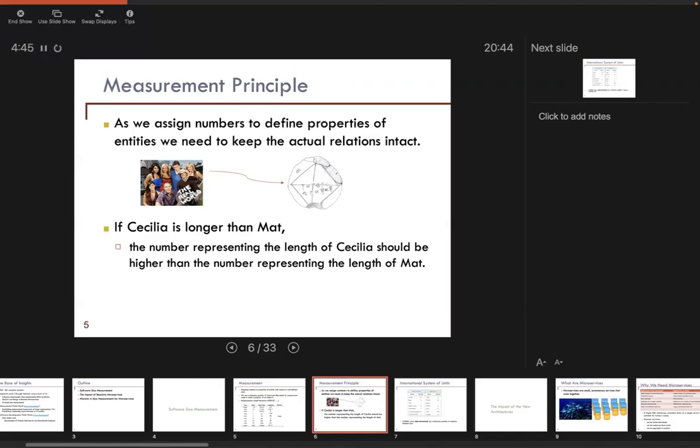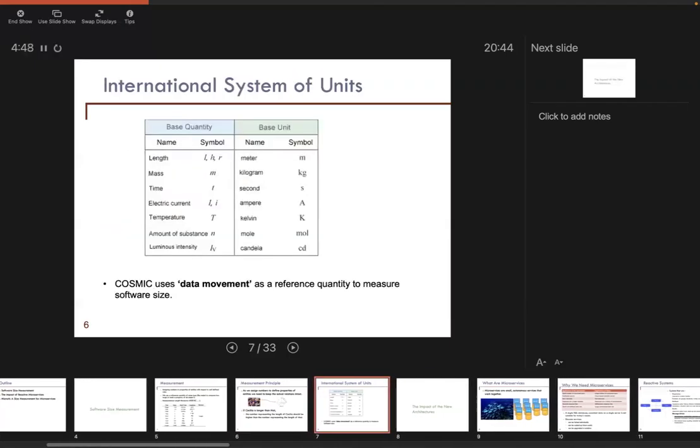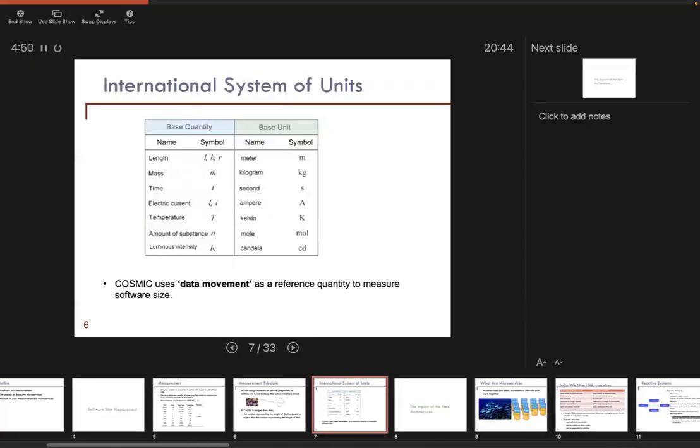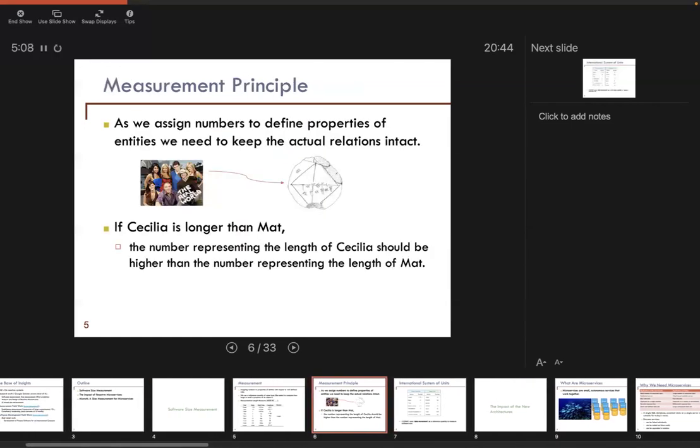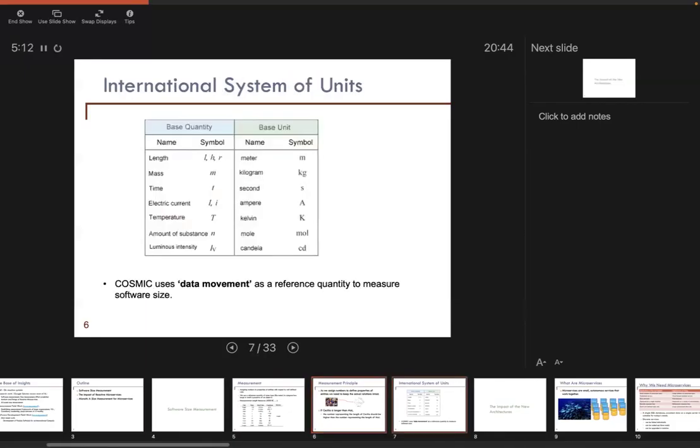So there are a few size measurement approaches that we use today, like COSMIC, and the concept is data movement. It's a reference quantity to measure software size, which is valid with respect to the measurement theory and the principle of assigning different properties to entities. We need to keep actual relationships intact.